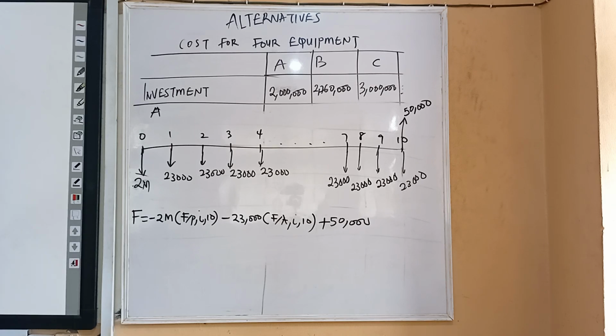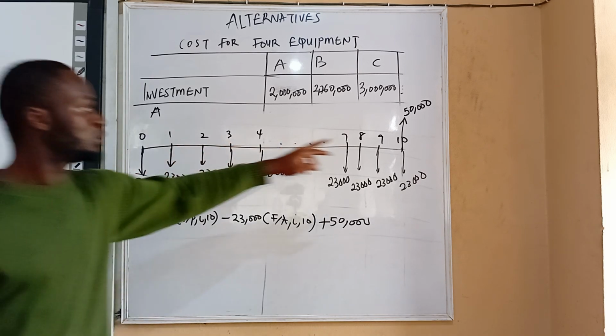Since it's minus, the one that is minus lesser, what are you going to pick? The one that has lesser value. So this is for if you are asked to take it to the future.